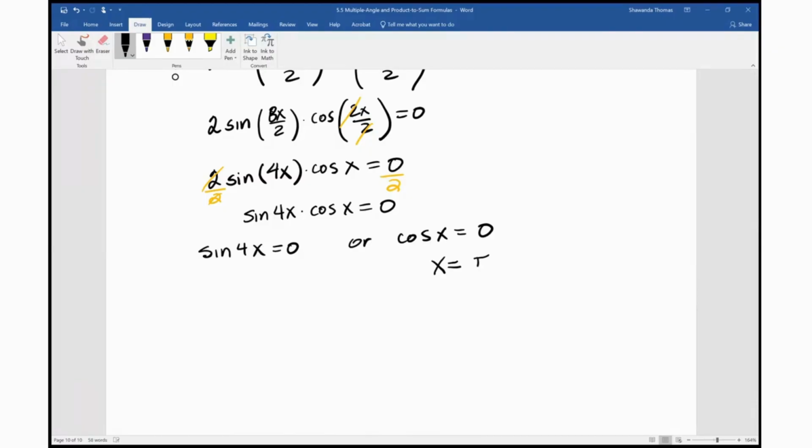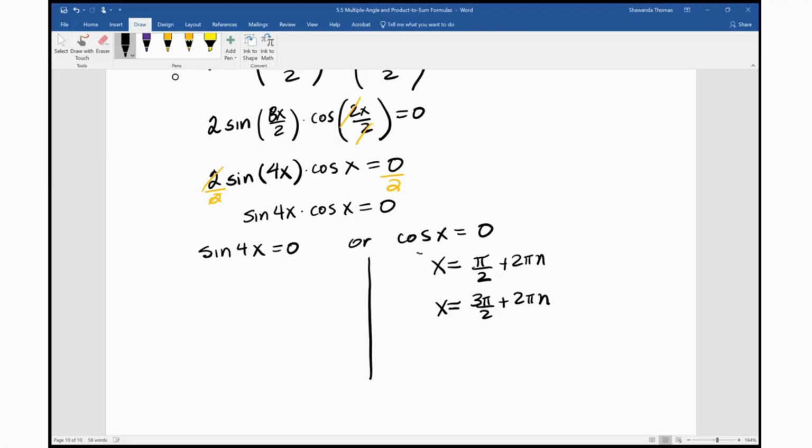To be a general solution though, we're going to put plus 2 pi n, or 2n pi. What else? Cosine of what? 3 pi over 2. Mm-hmm. 3 pi over 2. All right, we got that one. That was the easy one. Got these answers over here.